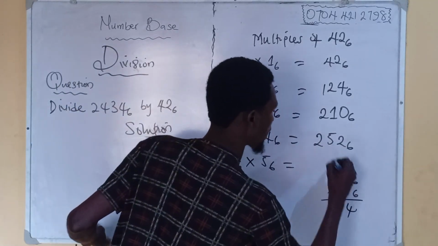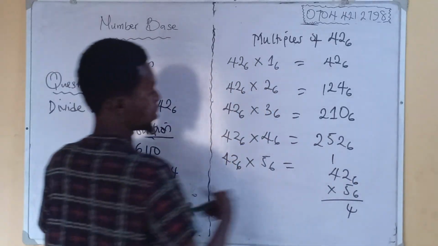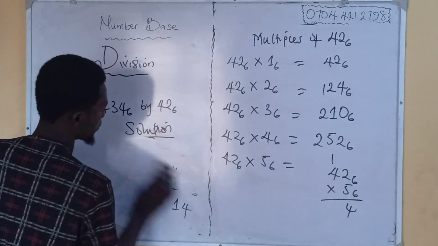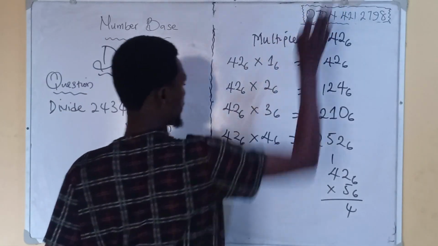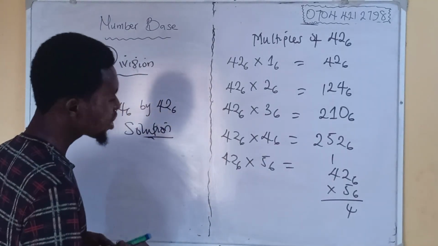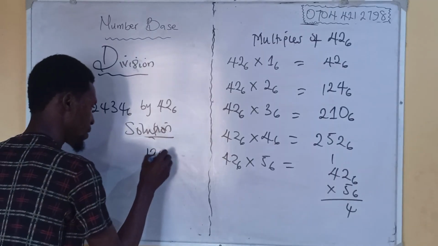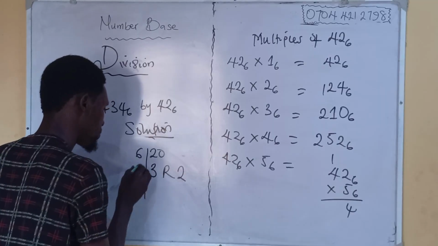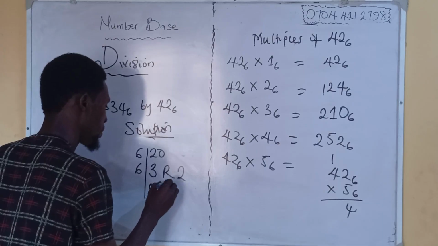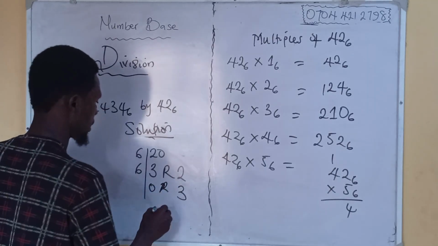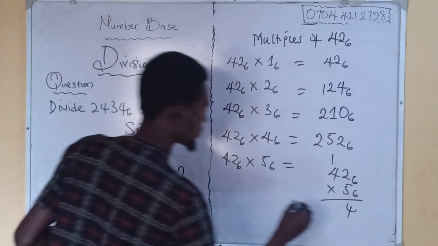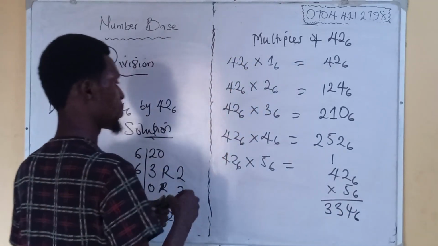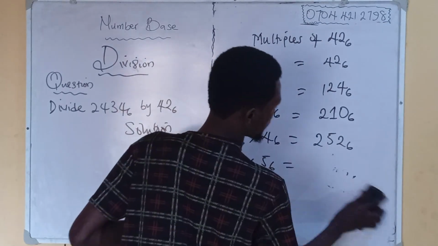So write down 4 and carry 1. 5 times 4 is 20. What is 20 in base 6? 3 remainder 2. Plus that is 3, 2. Plus that one, 3, 3. Base 6. So we are getting this one, 3, 3, 4.